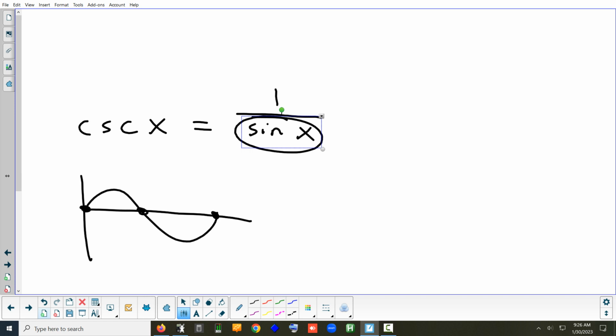So just like tangent and cotangent, cosecant is going to have asymptotes because this is the formula for cosecant, and this value can equal 0. There is a point where sine crosses 0. If it never crossed 0, then we wouldn't have any asymptotes. But it does, so we do. Same thing with secant.